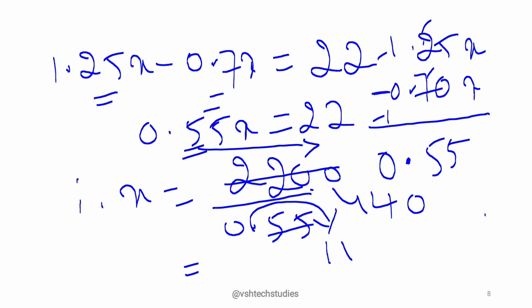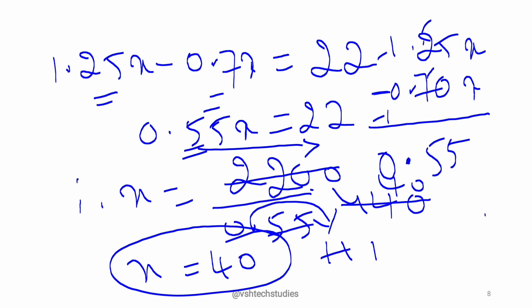So 0. 11 1s are 11, 11 4s are 44, 0 as it is. So x equal to 40. So this is the answer. So what is the answer? The original number x is 40.